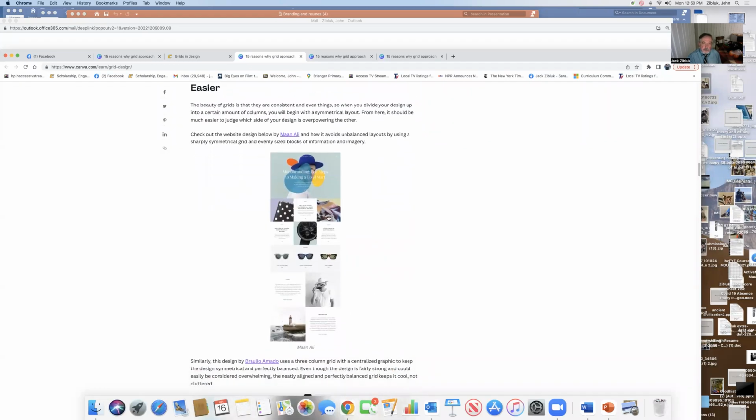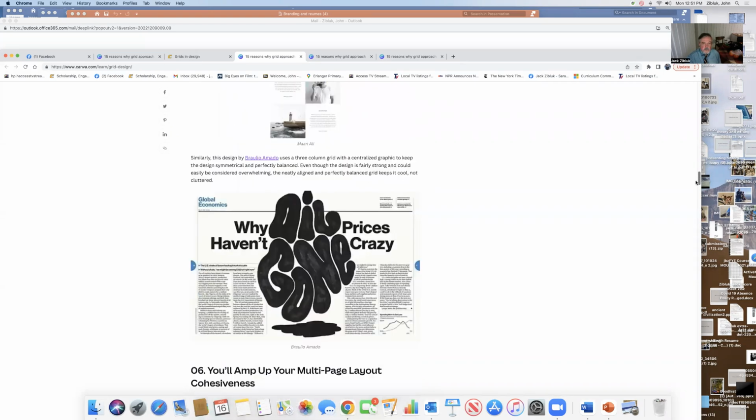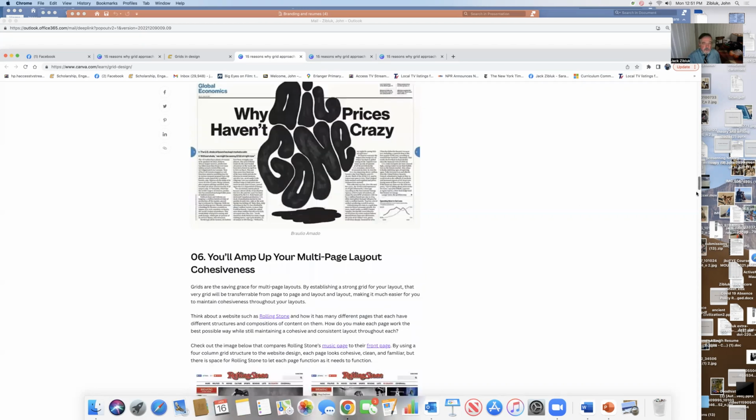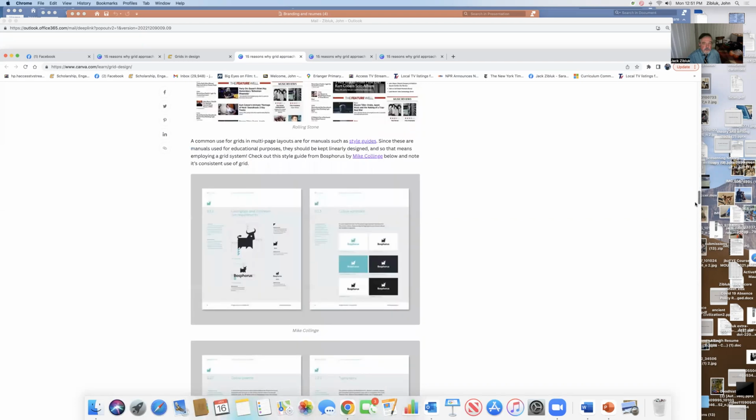Makes these complicated things a lot easier. 3-column grid. This is still 3 columns, and this allows you to throw it right in the middle. You can see it on these pages.